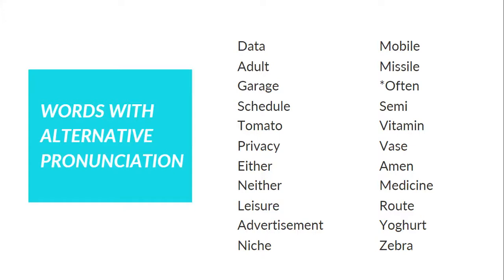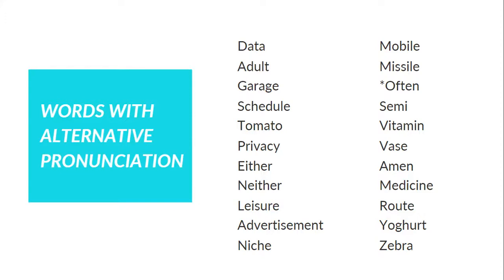Missile, American. Now this word often, either way, whether British or American, you can say that or you could leave it out. Then semi-British, semi-American. Vitamin or vitamin in British English, but Americans do more of vitamin.